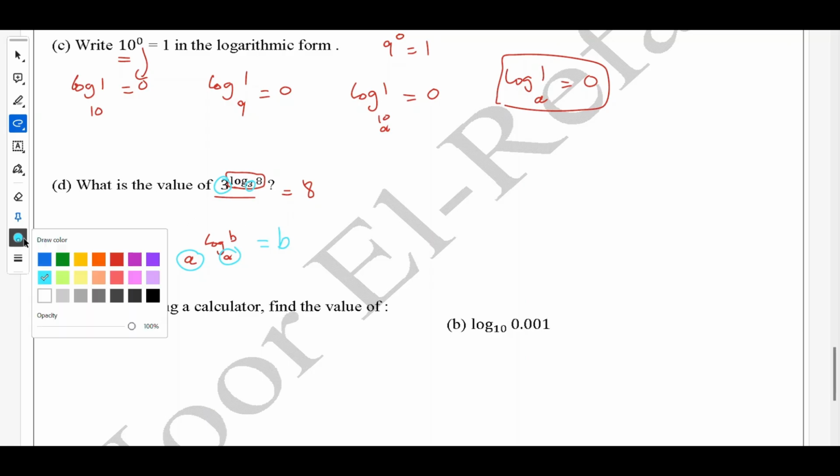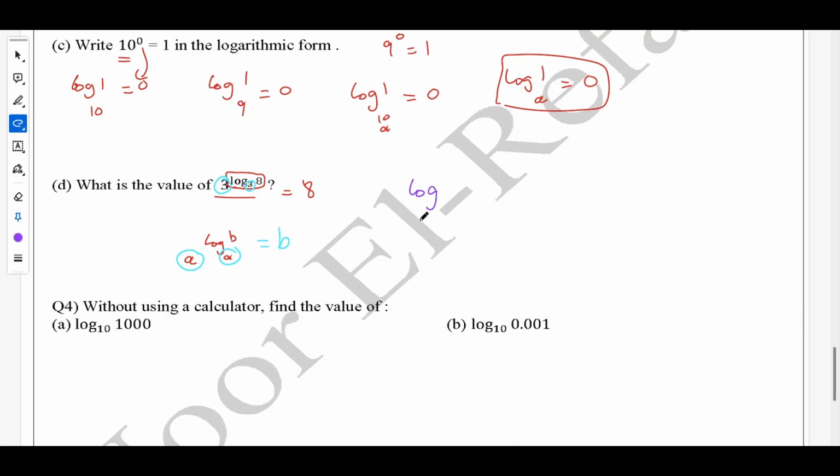Another example. 11 to the power log 23 to the base 11. The answer will be 23.